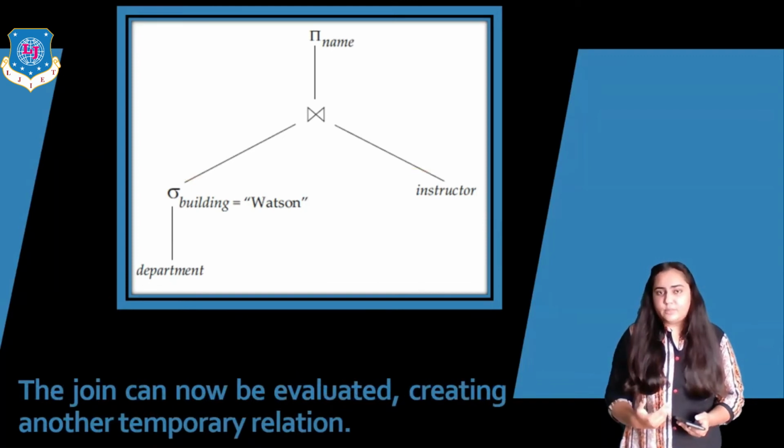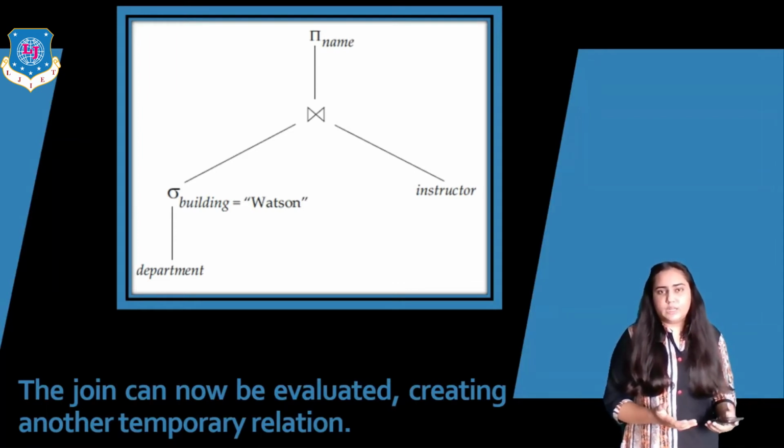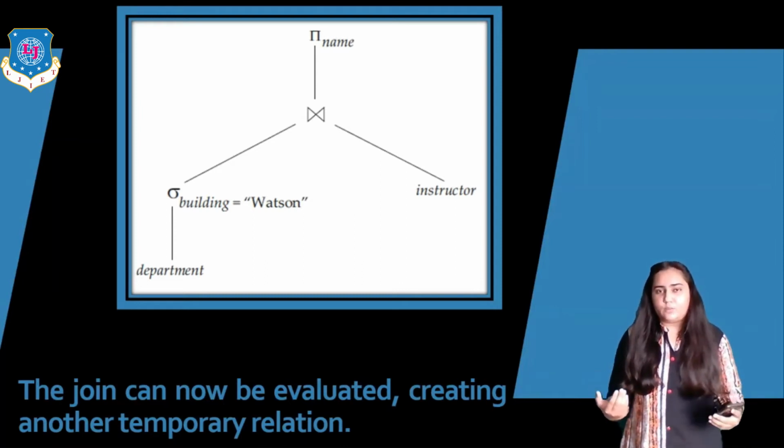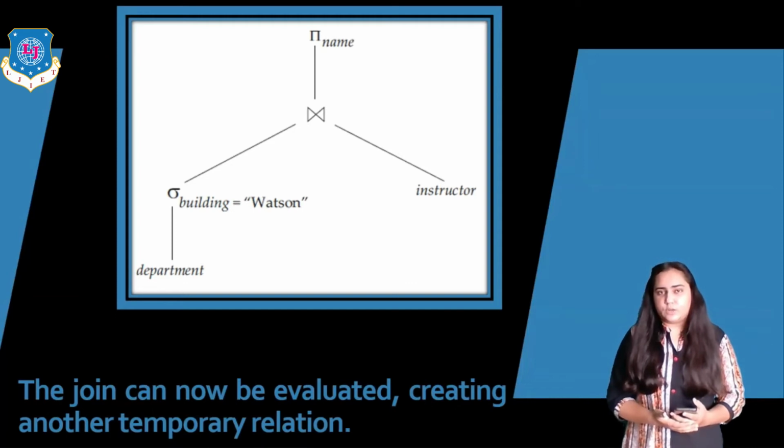Now the join can be evaluated by creating yet another temporary relation, because now you're trying to take a natural join between a temporary relation and an actual relation, and whatever is the result of that natural join will also be stored in the memory as a temporary relation.